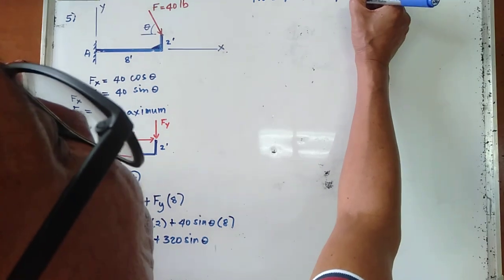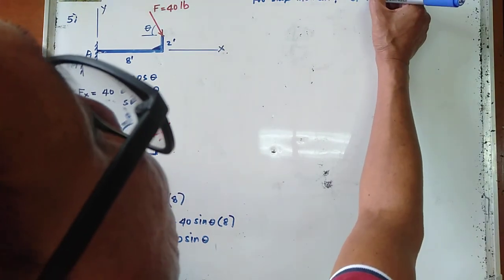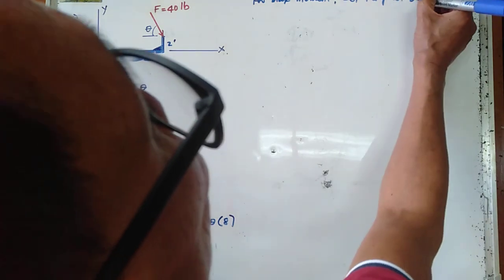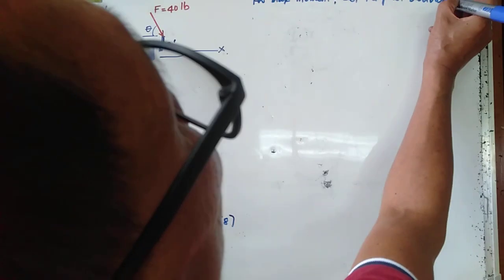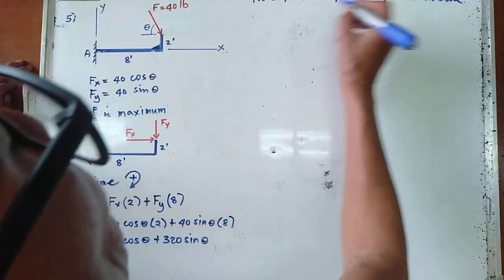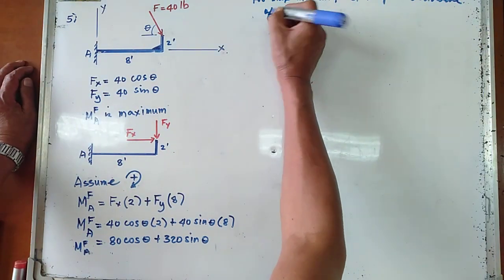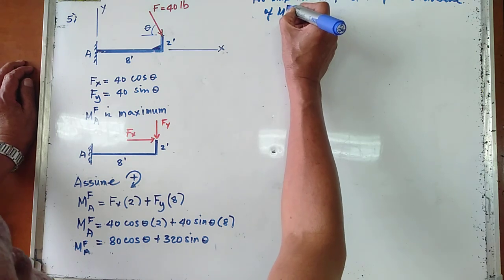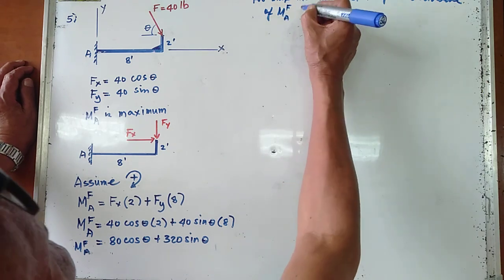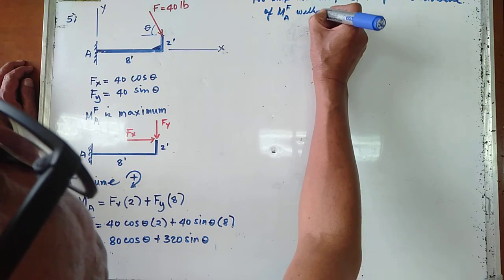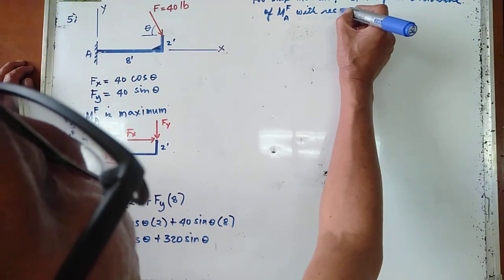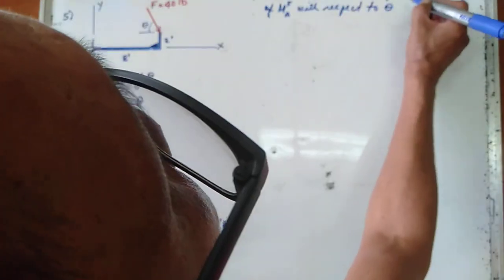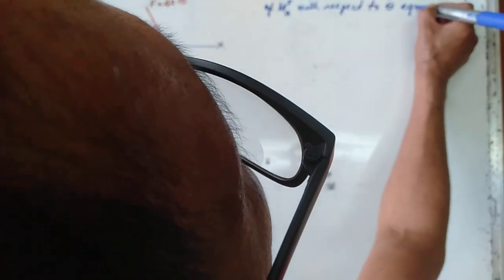we have to set the first derivative of the moment of the force F about point A with respect to theta equal to 0.